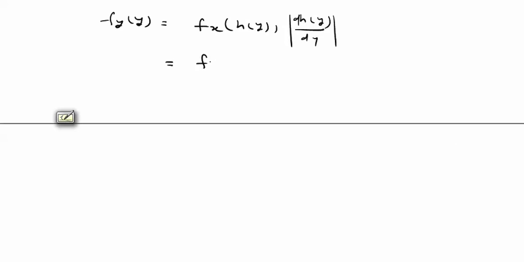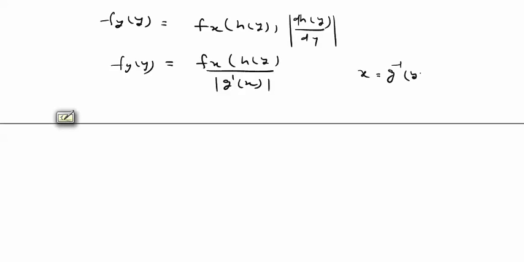First is f_Y(y) equals f_X(h(y)) dh by dy, or f_X(h(y)) upon mod g dash x, where x is g inverse y equals h(y).